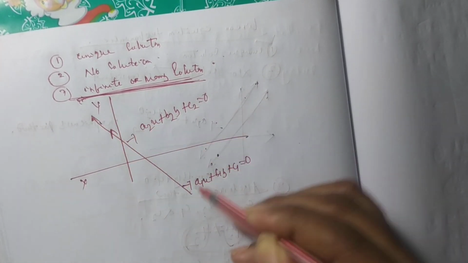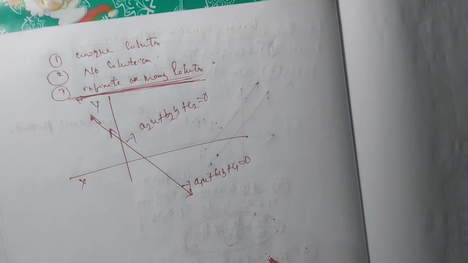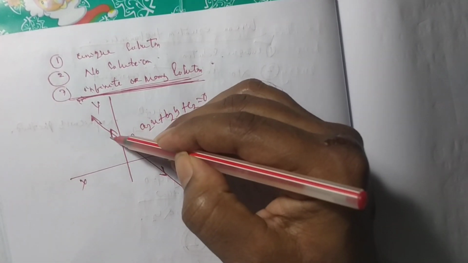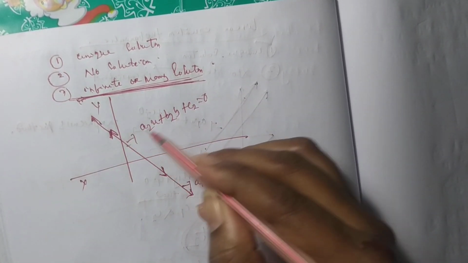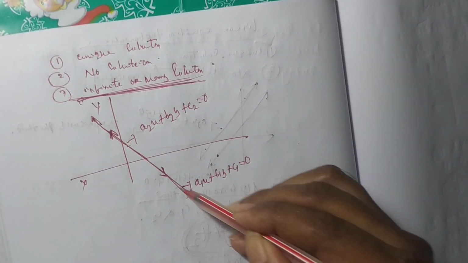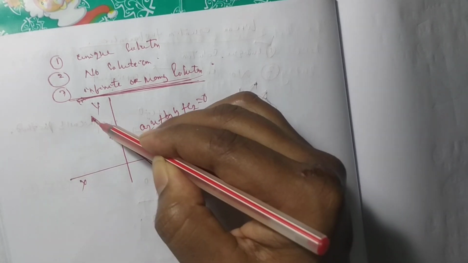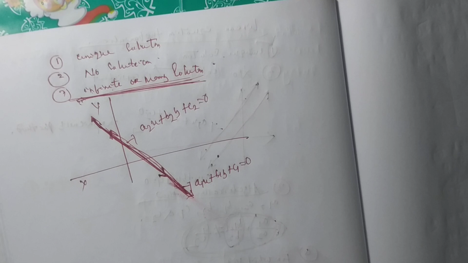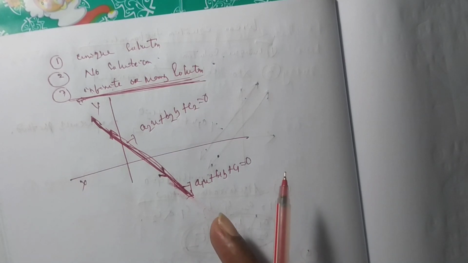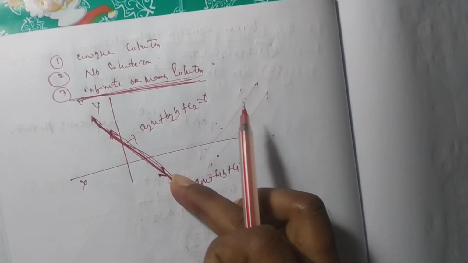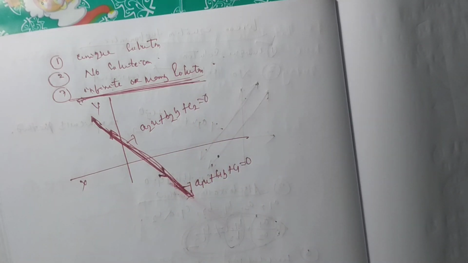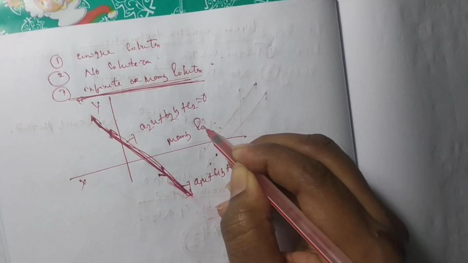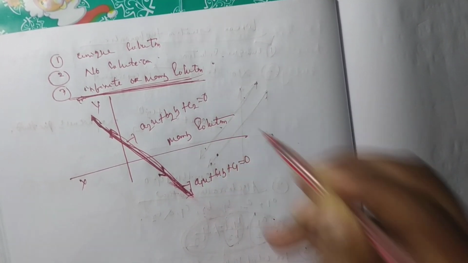Now what are we looking at here? Two equations in one line. If two equations are going through one line, that is called many solution.